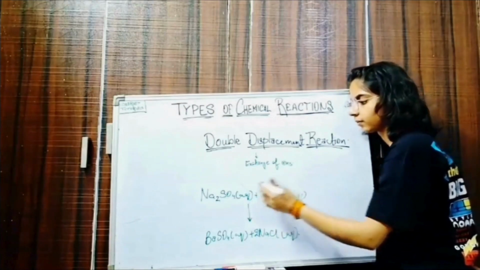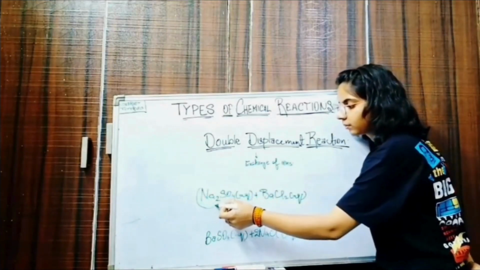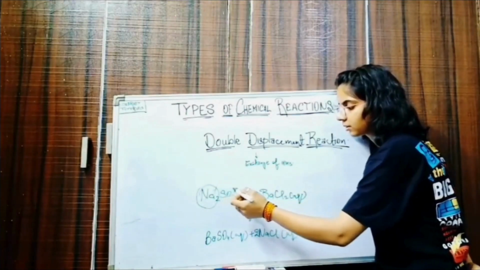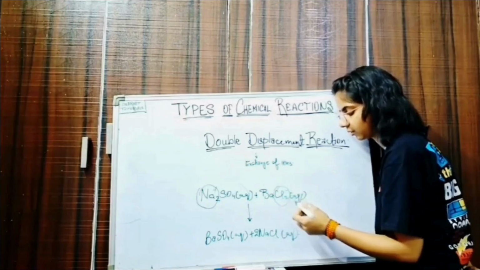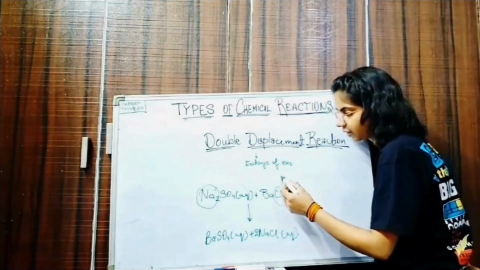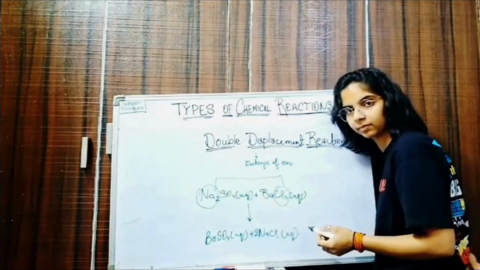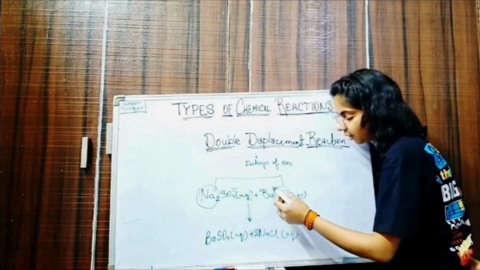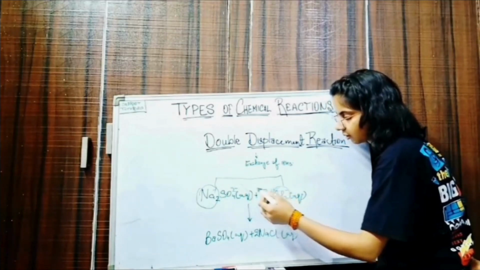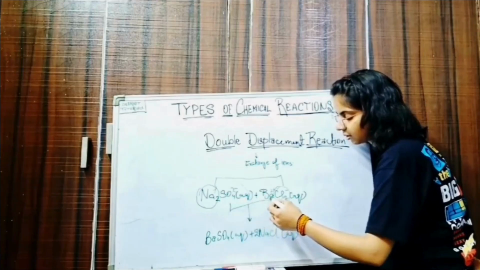Now what will happen? This sodium, Na⁺, and chloride, Cl⁻, will combine with each other, right? And this SO₄²⁻ and Ba²⁺ will combine with each other.